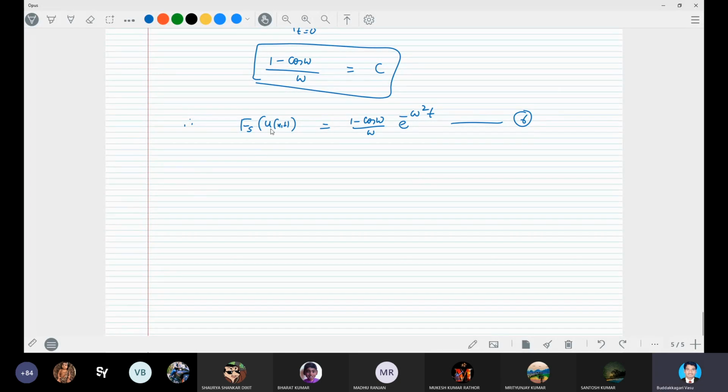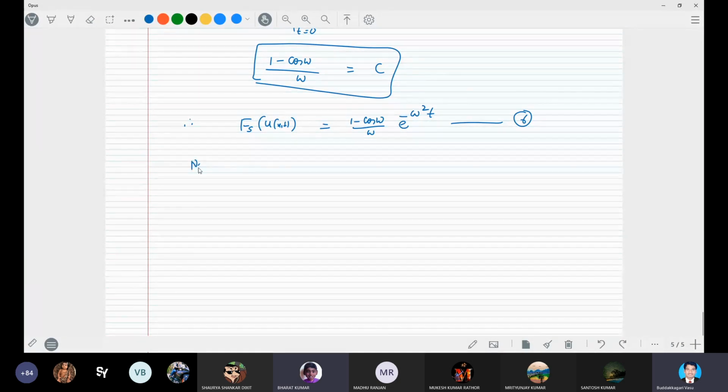What do you want? The solution is u(x,t). So what do we do here? The required answer is u(x,t), but we have only the Fourier sine transform of this. We do the inverse Fourier transform.